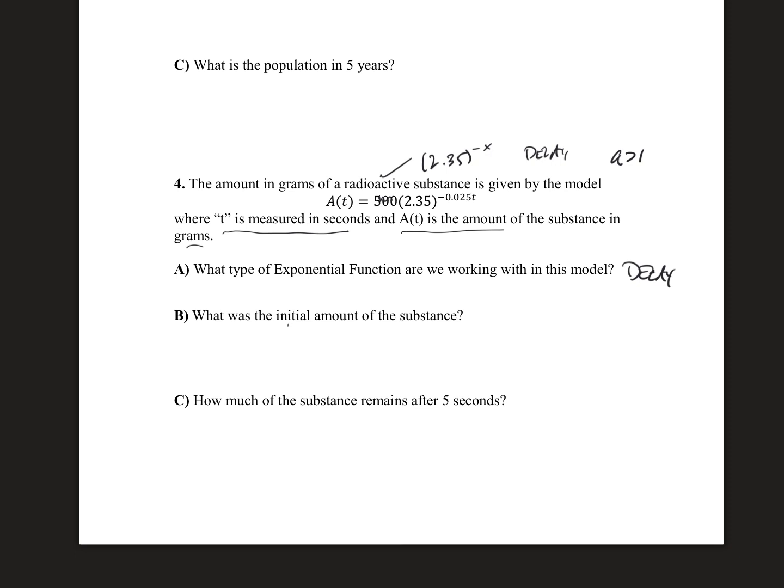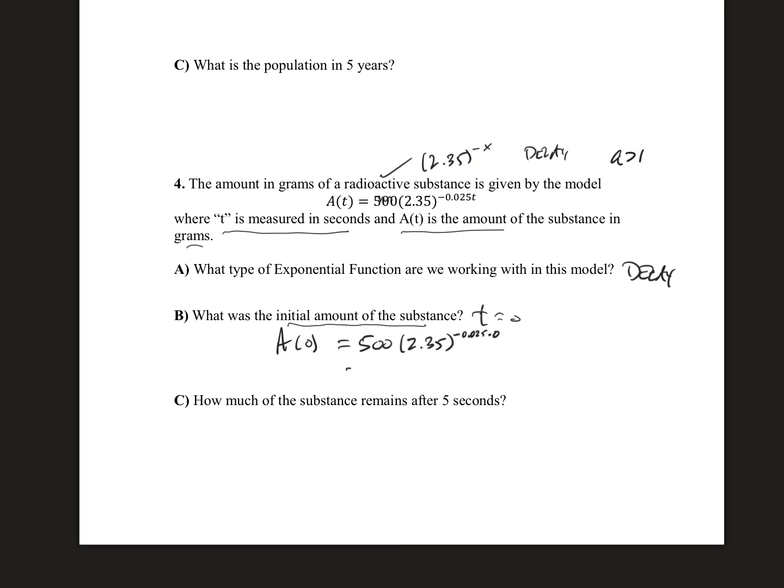What is the initial amount of the substance? So how much substance did I have when time equals 0 according to this model? So using our function, we're going to look for A of 0. This is 500 times 2.35 to the negative 0.025 times 0.